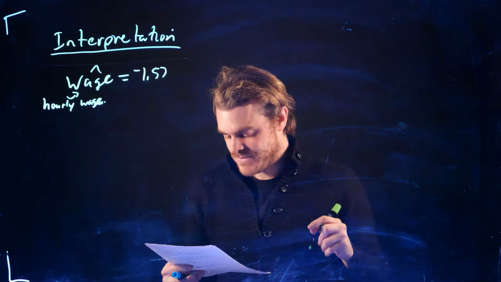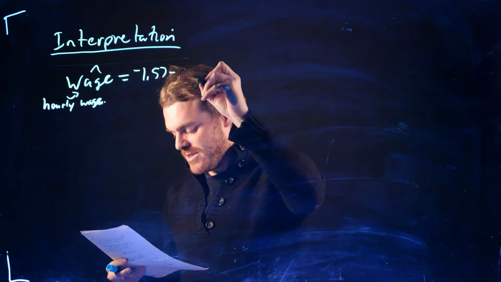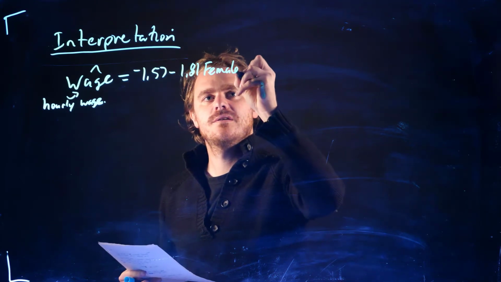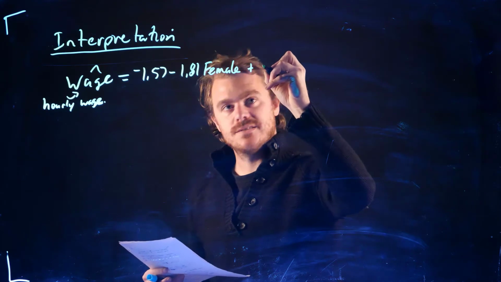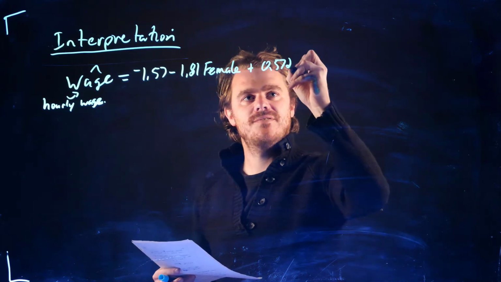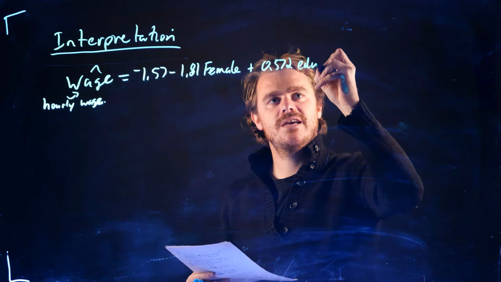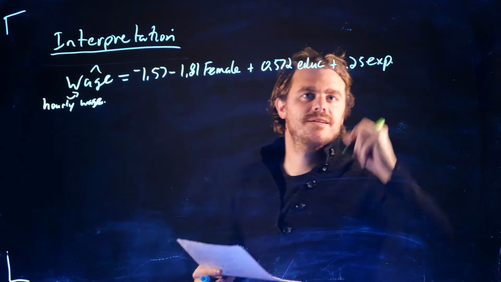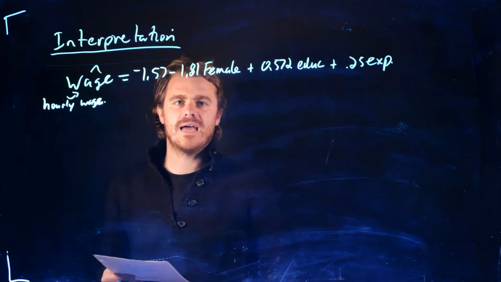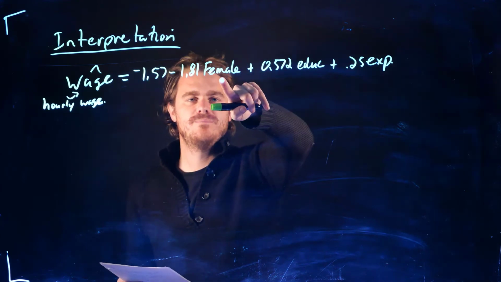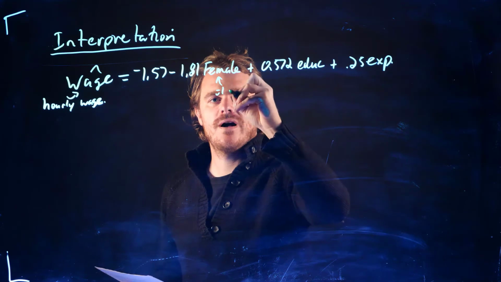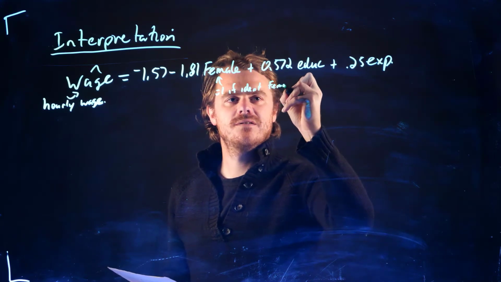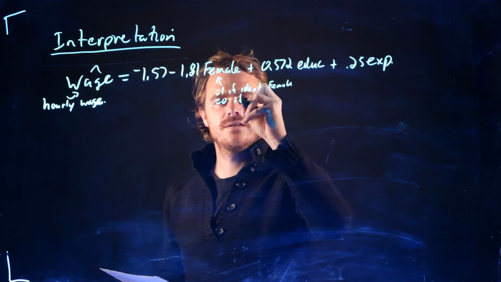That's the intercept. Then we have minus 1.81 female plus 0.572 times education plus 0.25 times experience. Let's say those are our three x's. We have a binary variable set equal to 1 if identify as female, 0 if not.